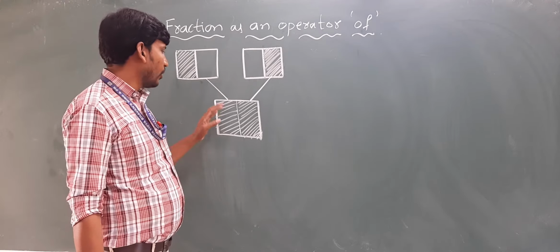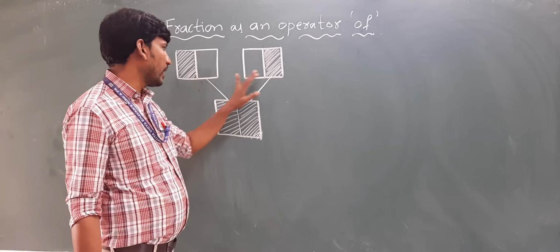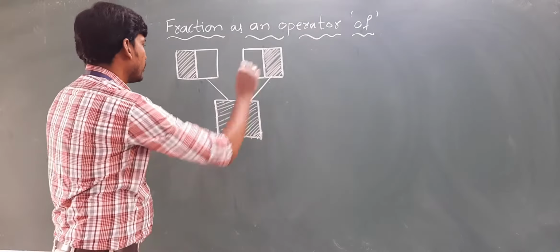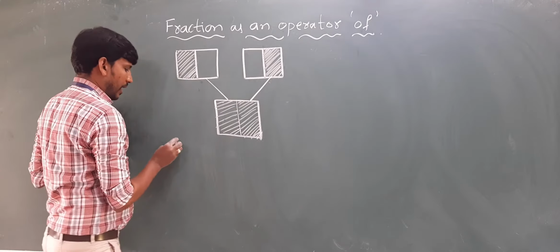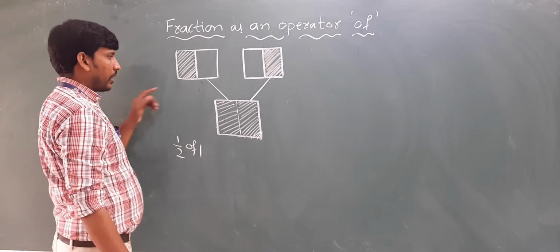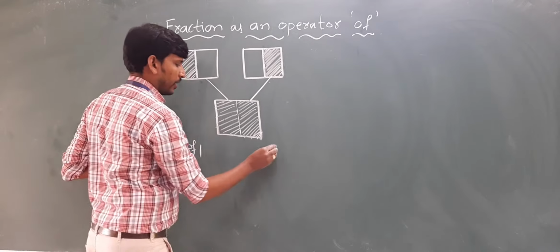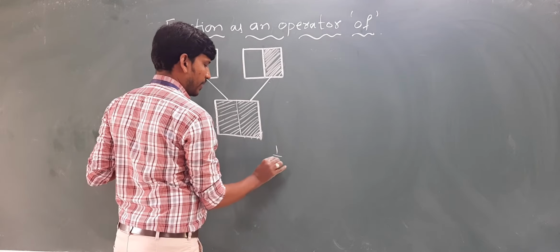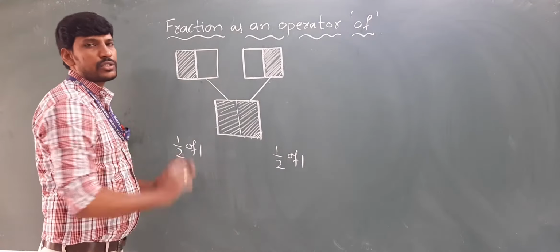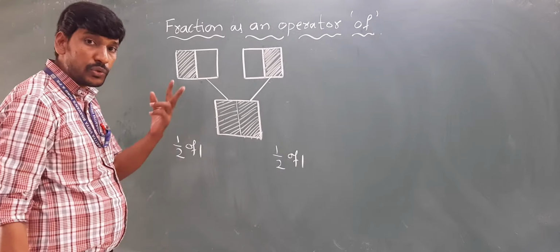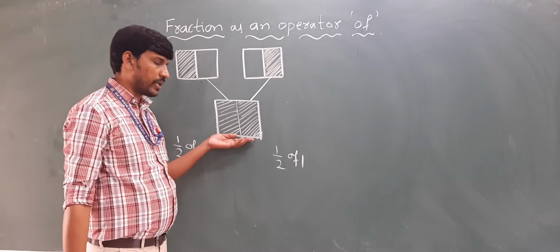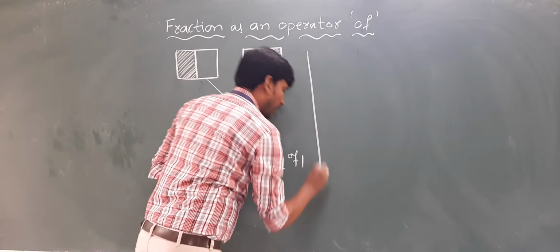Okay. Now by combining these two squares, I got two shaded parts. So how to write this one? See, for the first square I am taking 1 by 2 of 1. Here also 1 by 2 of 1. Well, when combining these two squares, I get the total square.